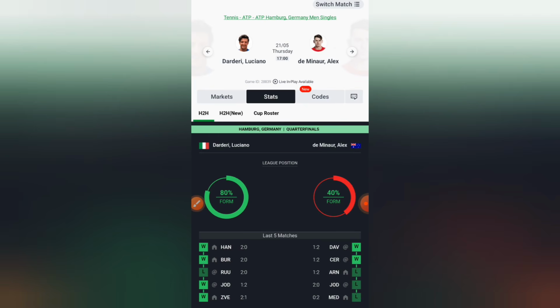Step 2 is checking the surface and the player style. Now moving on to step 3. But before I move on, let me advise you, there are some factors that you need to look into to avoid unnecessary outcomes. You need to avoid one aggressive player against a weaker returner.